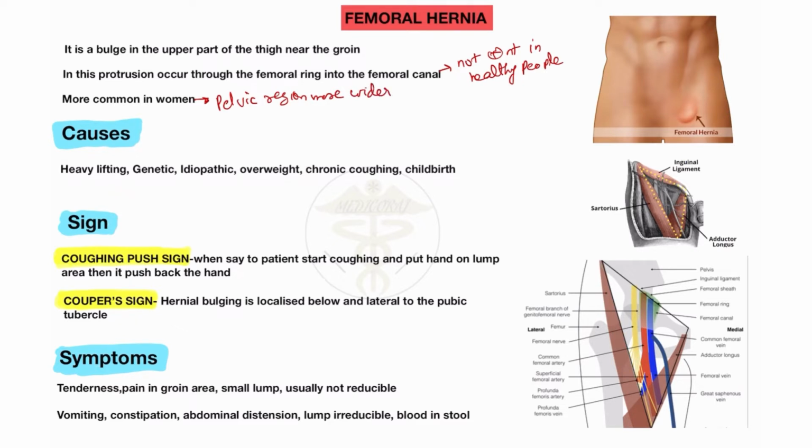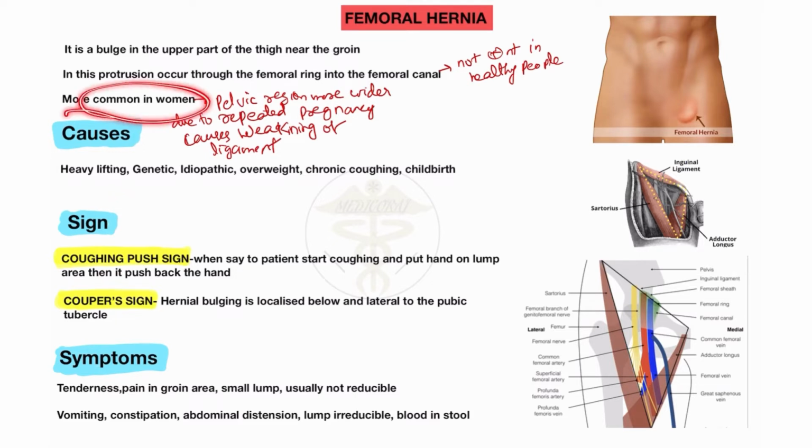Also, when a female has repeated pregnancy, due to repeated pregnancy it causes weakening of the ligaments, the femoral ligament, which causes the hernia.